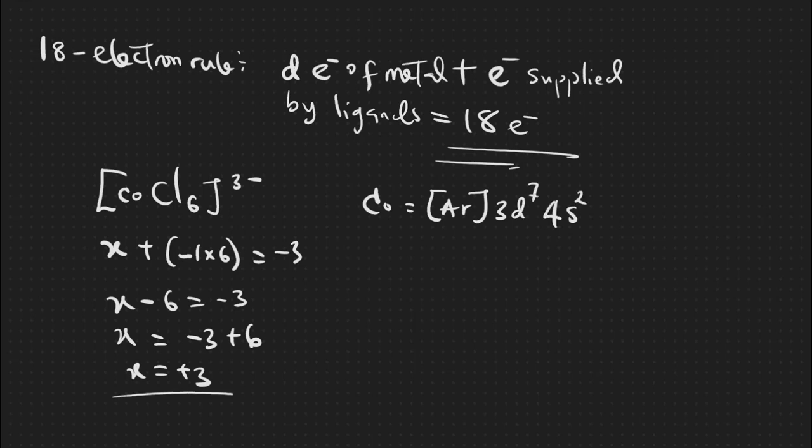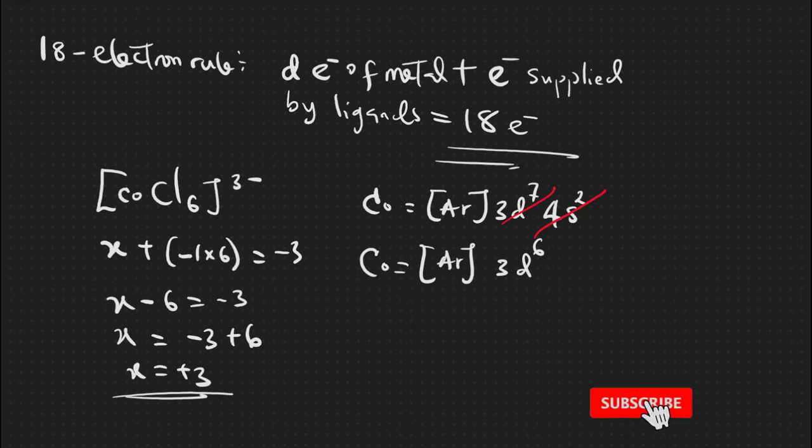Remember that it's going to lose 3 electrons from the oxidation state we've calculated. So removing 3 electrons, 2 from the 4s and 1 from the 3d, making 3 electrons. So the new electronic configuration of cobalt now shows the number of electrons in the d orbital.